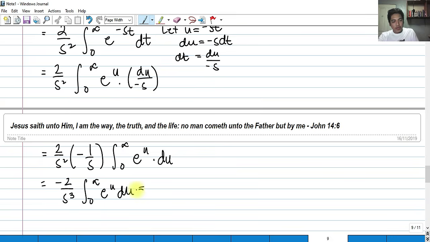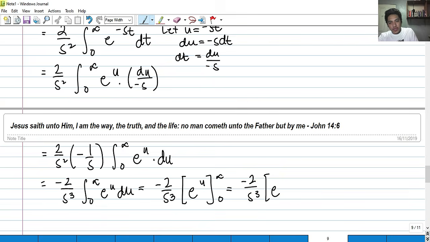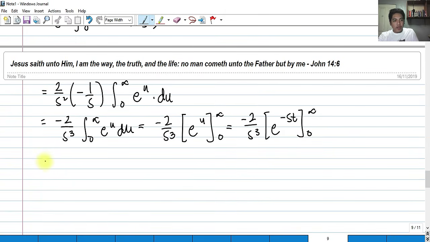And this is negative 2 over s cubed, simply e raised to u from 0 to infinity, but our u is equivalent again to negative st. So, evaluating the limits, we have negative 2 over s cubed multiplied by e raised to negative s multiplied by infinity minus e raised to negative s times 0.